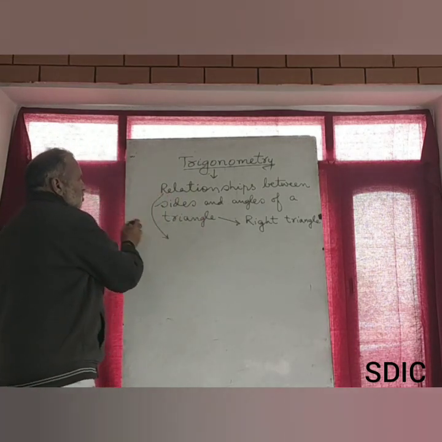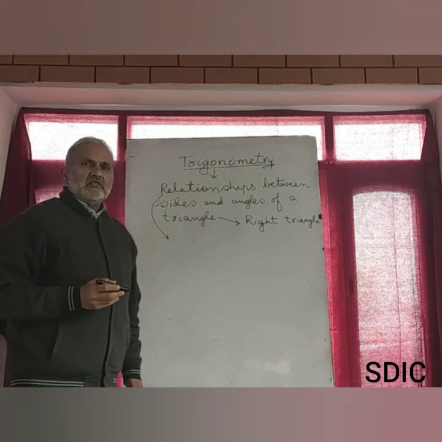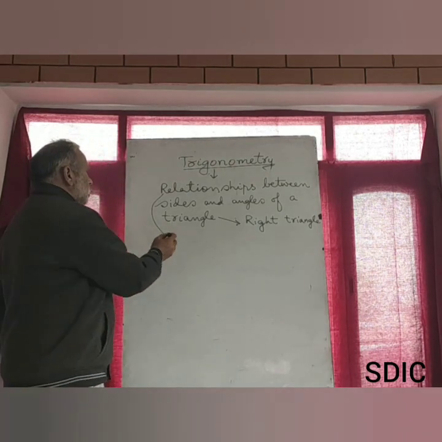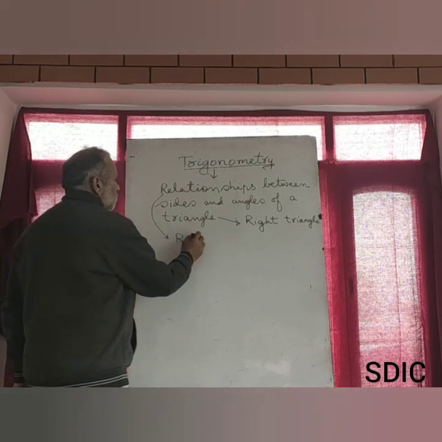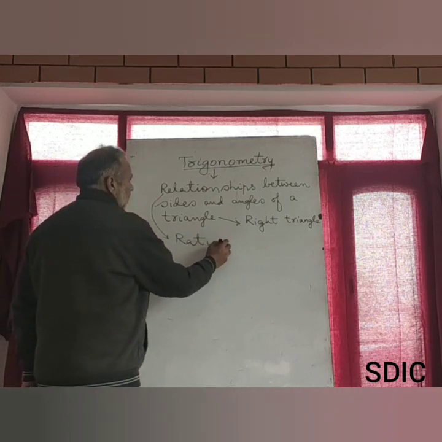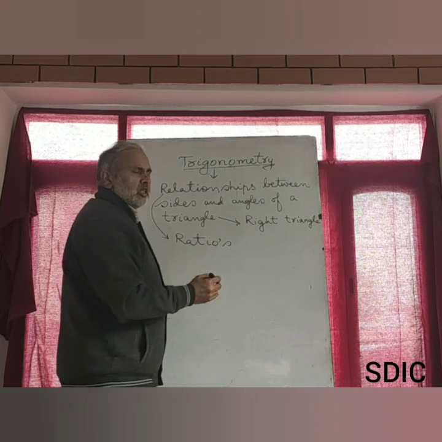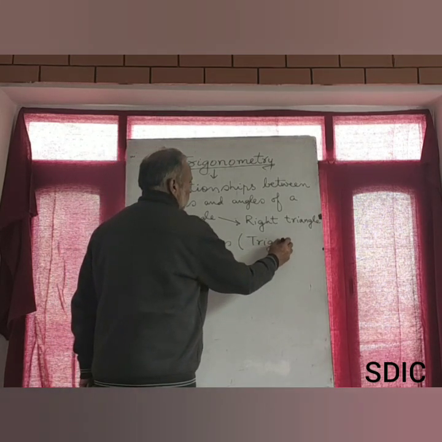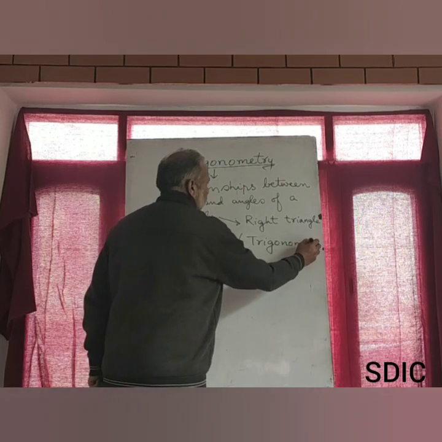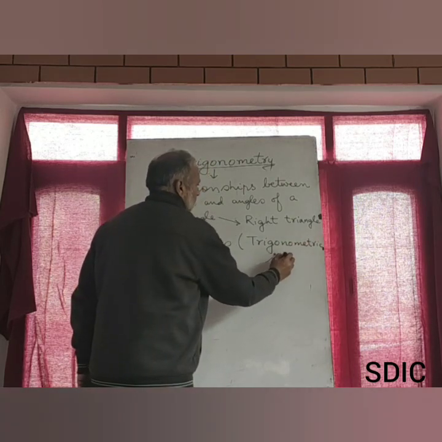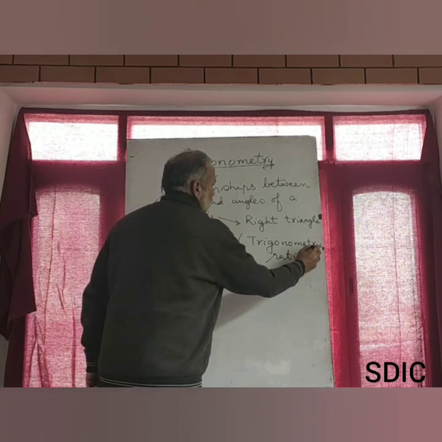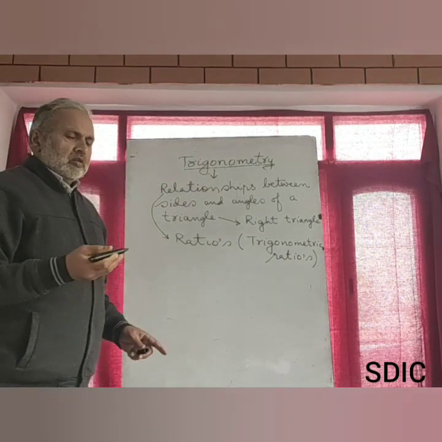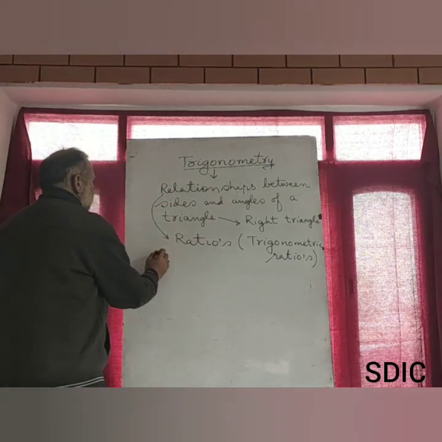These relationships between sides and angles of a triangle are expressed in the form of ratios called trigonometric ratios. There are 6 trigonometric ratios.